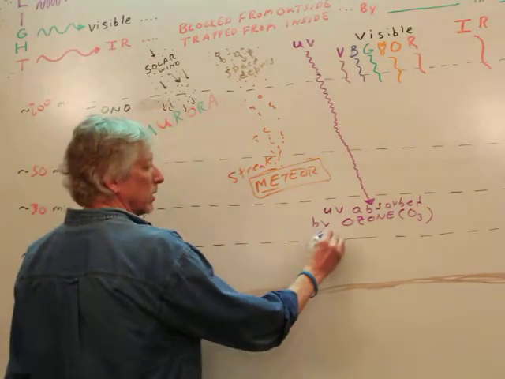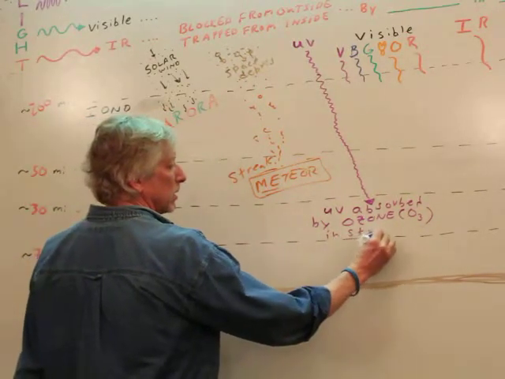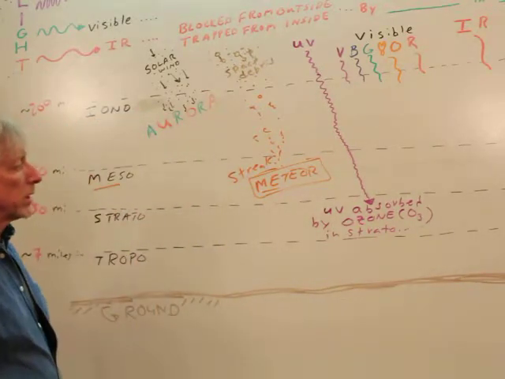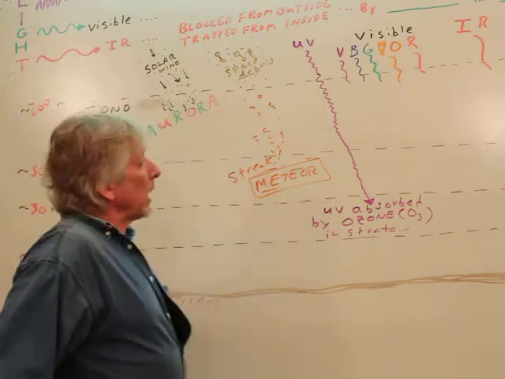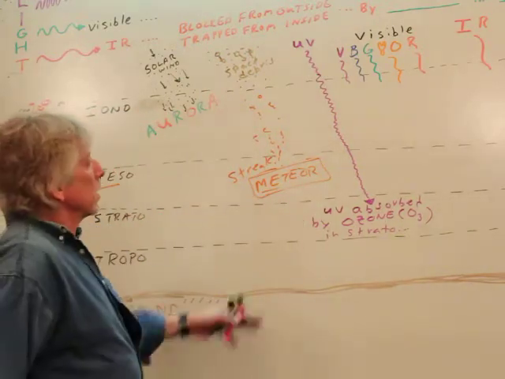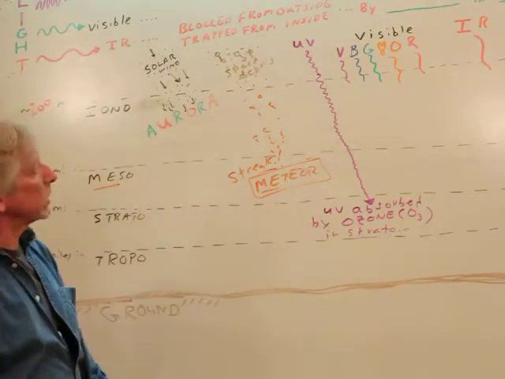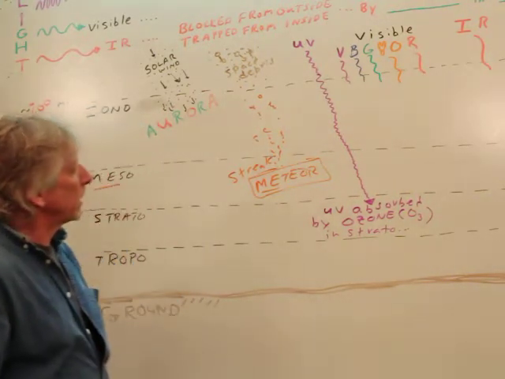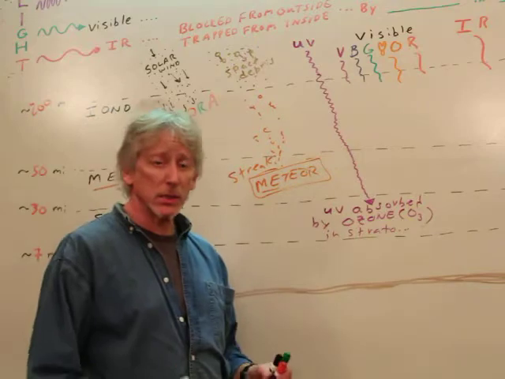Where does it happen? In the stratosphere. Now, some gets through, but a lot of the UV, which is very damaging, gets absorbed in the ozone, O3. Okay? All right, great. So that's a good thing because it's a sterilizing thing.